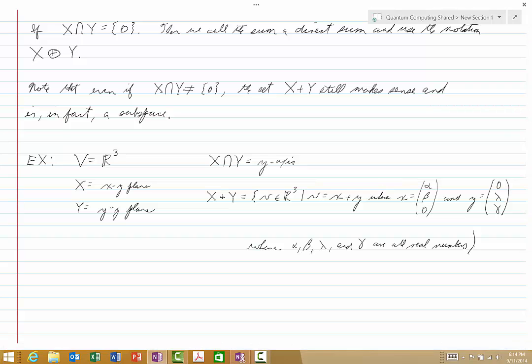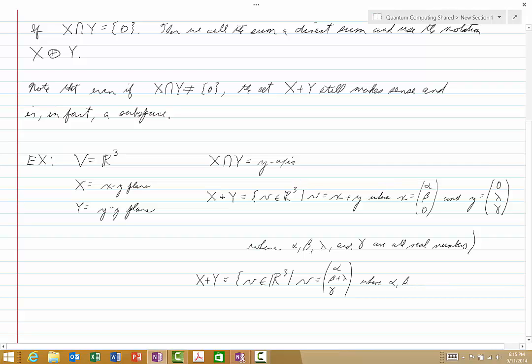And of course, as we argued in class, when we add those two together, we could simplify this and say X plus Y is equal to the set of all vectors v in R3, such that v equals (alpha, beta plus lambda, gamma), where alpha, beta, lambda, and gamma are real.